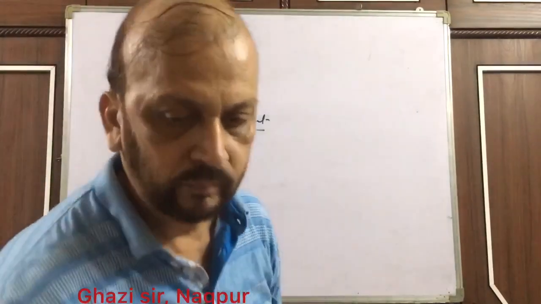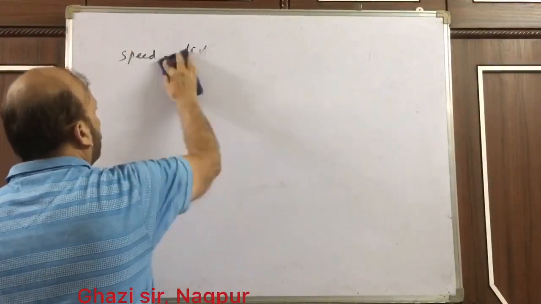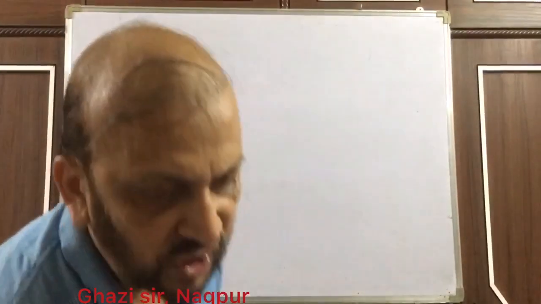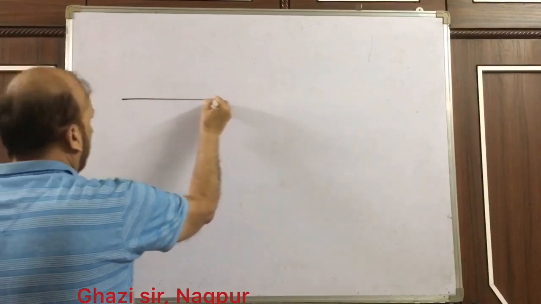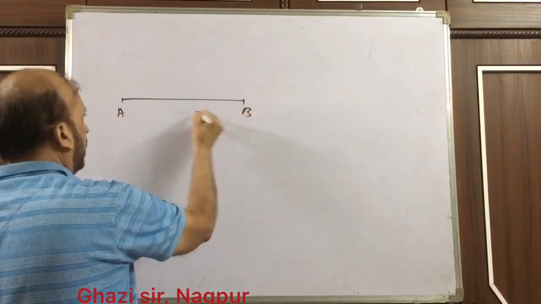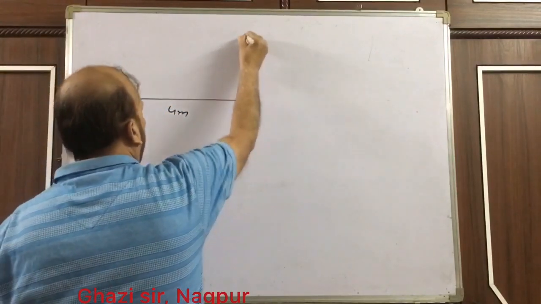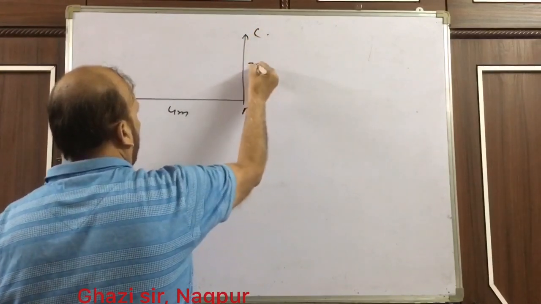For example, the same example we had taken yesterday or last time. An object is moving from A to B, say 4 meter, and then moving from B to C, say 3 meter.